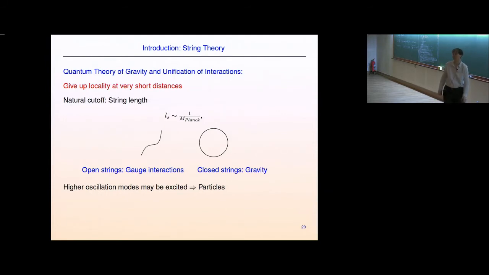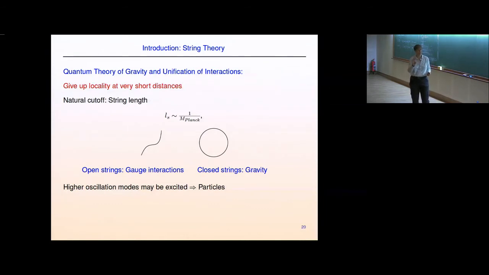A metric also has two indices. So the massless fluctuation associated with such a closed string will correspond to gravity. The lowest energy modes of open strings are naturally gauge modes, and the massless modes of closed strings are naturally gravitons.